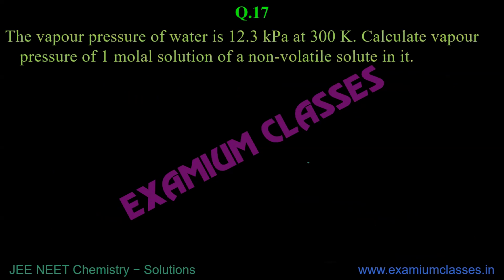Next one, and I think this will be the last question today. We can't do beyond this. The vapor pressure of water is given at 300 K. Calculate the vapor pressure of a 1 molar solution of a non-volatile solute in it.